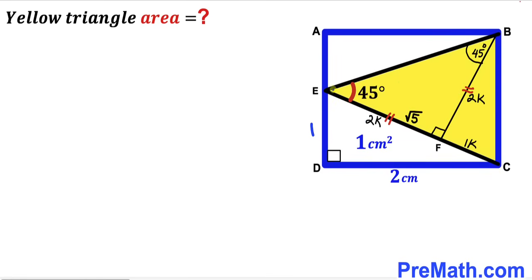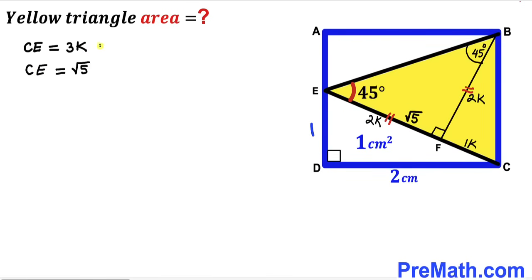And now let's make an observation. We can see that this whole side CE length is going to be equal to this length 2k and this length 1k. 2k plus 1k is going to give us 3k. So our CE length is going to be 3 times some constant k. And furthermore, this CE length is square root of 5, as you can see over here.